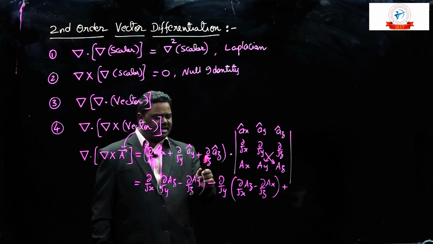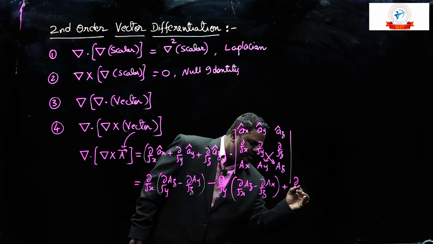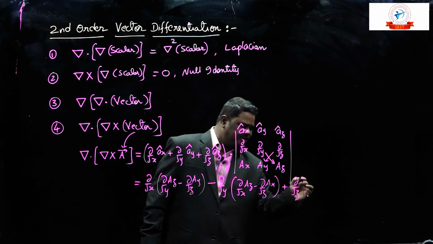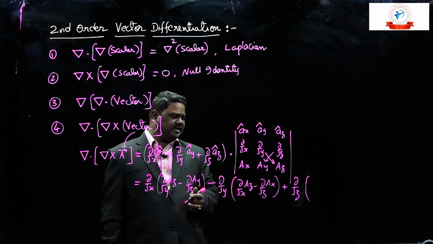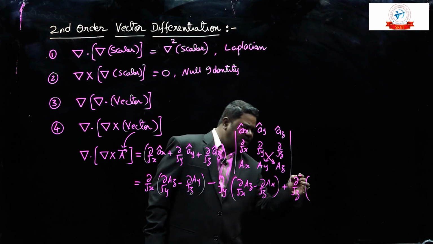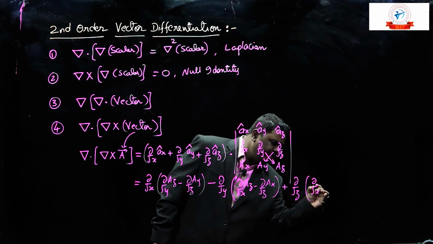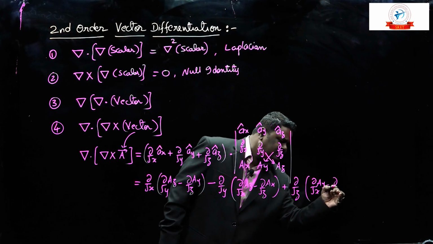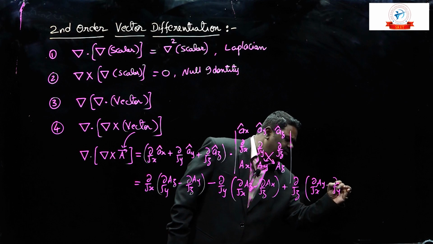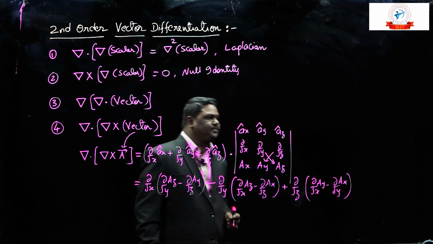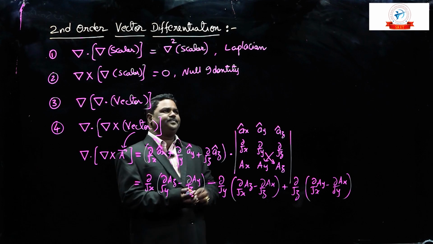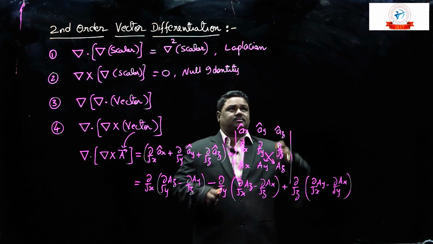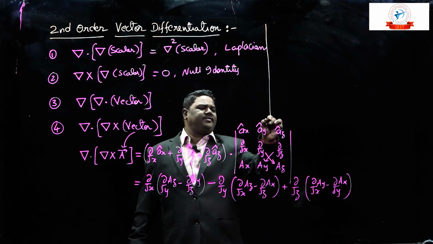The z component in the first vector is dou by dou z. In the second vector, the z component multiplied with az cap is dou by dou x of ay minus dou by dou y of ax. Let us simplify this equation, then we find the result and give the name for this one.